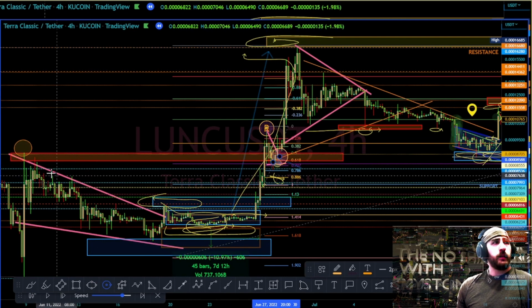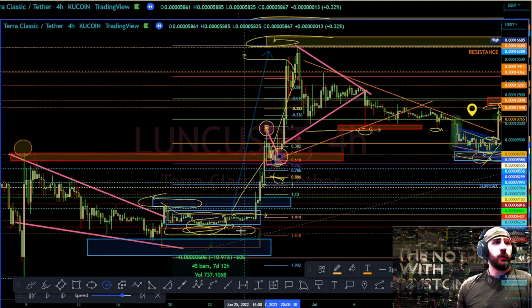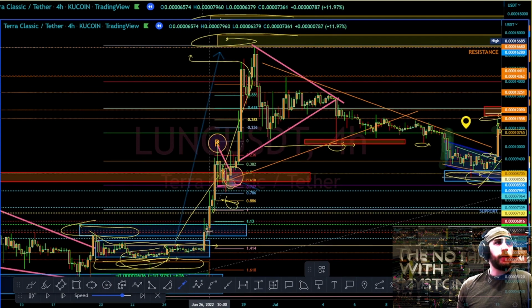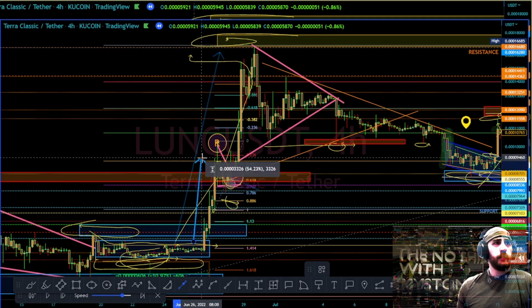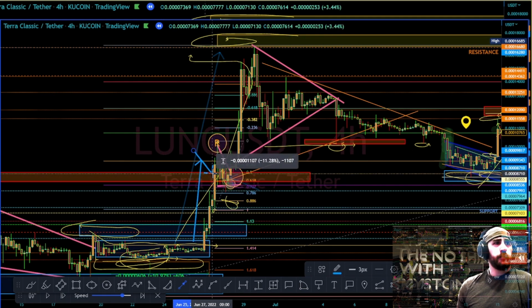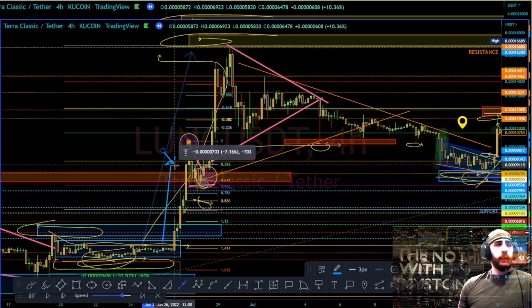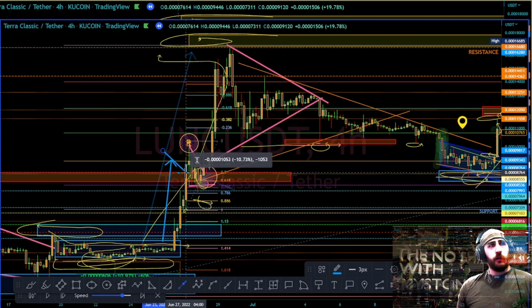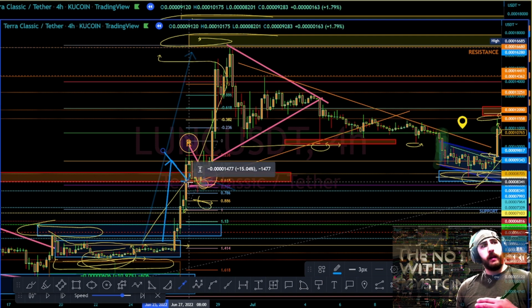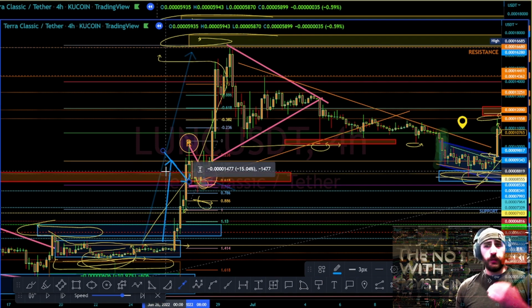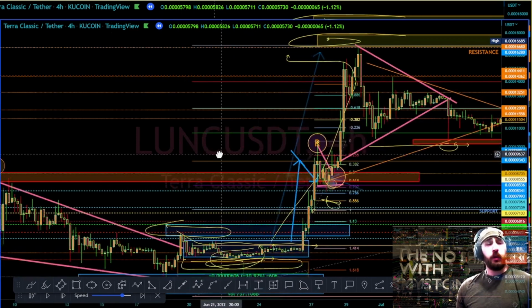and then that resistance turns into support, because once we break through this resistance level, usually, unless it keeps going, when you get a reversal, it will reverse onto that support, that previous resistance level, more often than not.